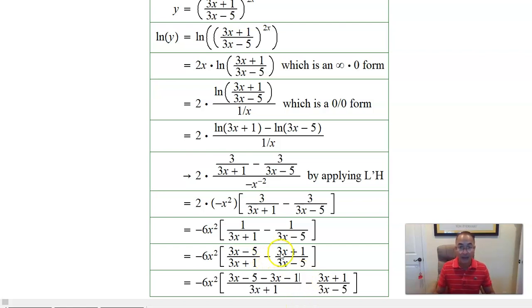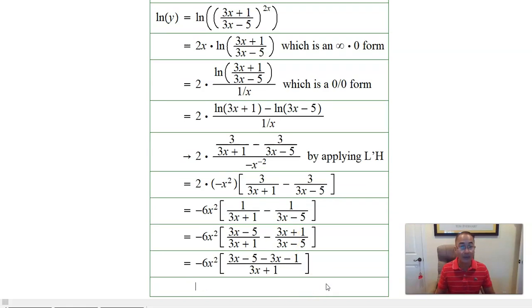That minus has to be distributed to the 3x and the plus 1. That's minus 3x minus 1. So the 3x's cancel and you get minus 6. Minus 5 minus 1, that is minus 6.